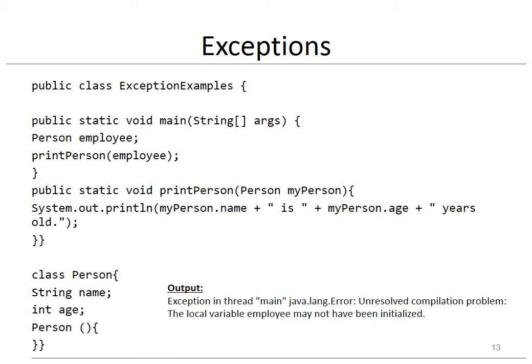Well, if we run the ExceptionExamples class in Eclipse, you will see that an exception is generated saying exception in thread main java.lang.Error: unresolved compilation problem. The local variable employee may not have been initialized.